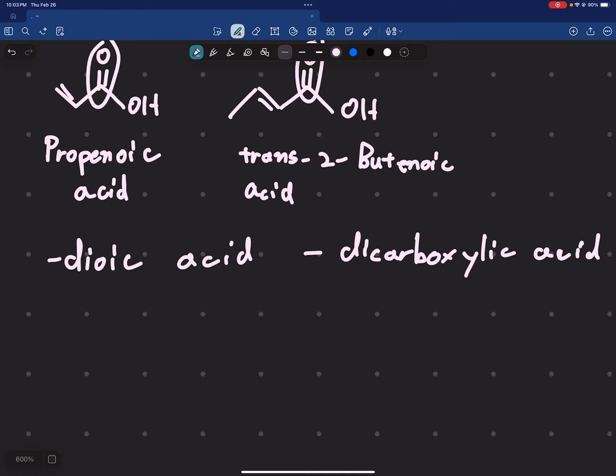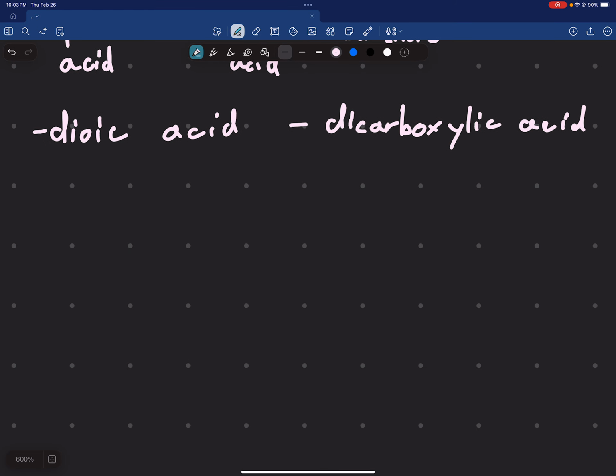So let's say we have a compound like so. This will be ethanedioic acid.